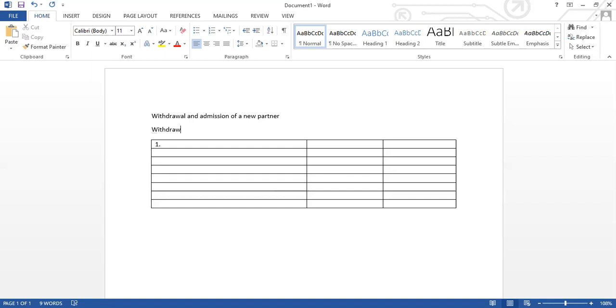Okay. So withdrawal. So the first one, we go letter by letter. First one is goodwill. We are told that goodwill must be revalued at 42,000. So currently, if you check in your statement of financial position, currently goodwill is 28,000. Now it should be revalued at 42,000. And what did we say about revalue of assets?